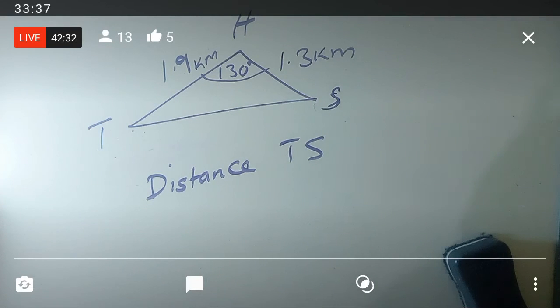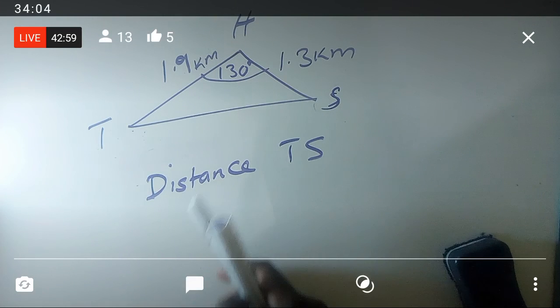So for cosine rule, let me just explain how to know which method to use. Cosine rule is a rule to solve a non-right-angled triangle when two sides and the included angle are given.